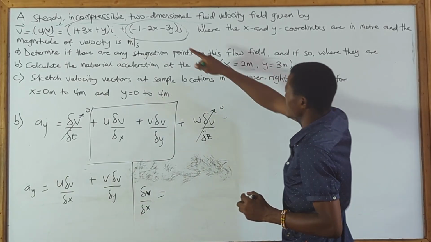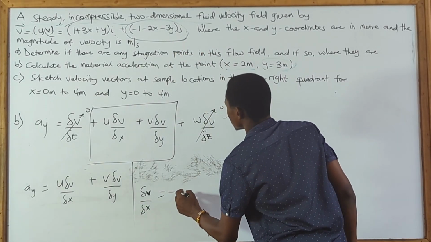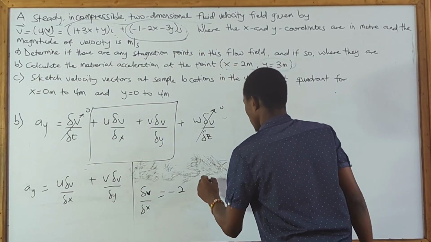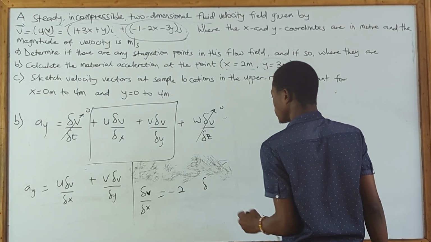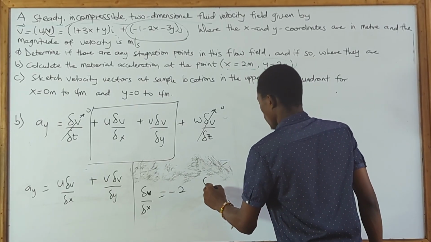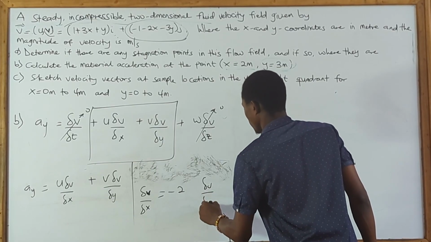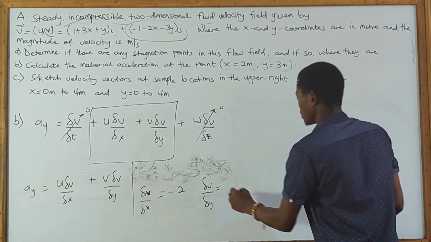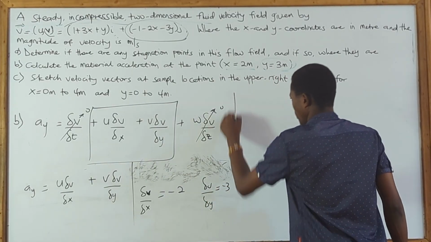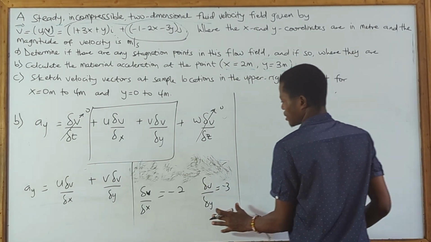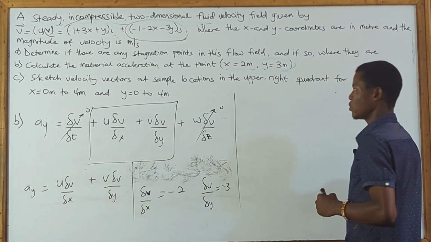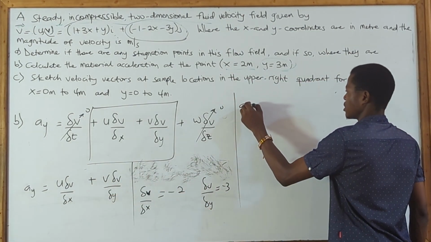We are going to get minus 2, and differentiating v with respect to y, we are going to get negative 3. So let's put that into this equation and find our ay.